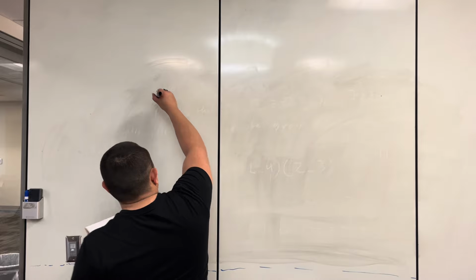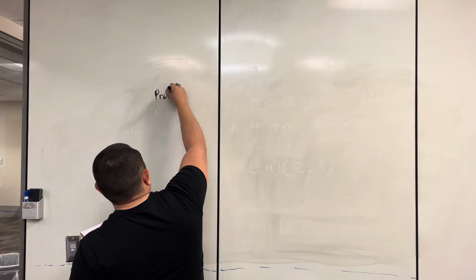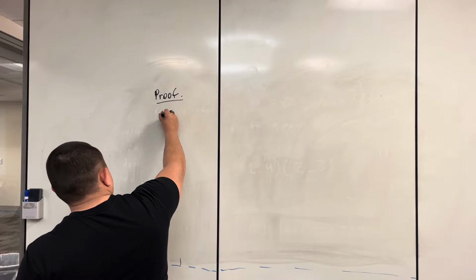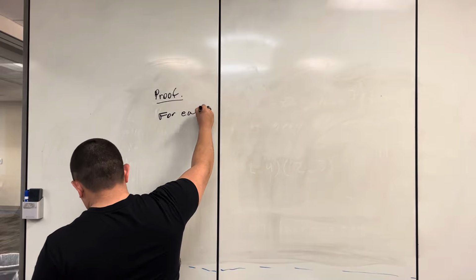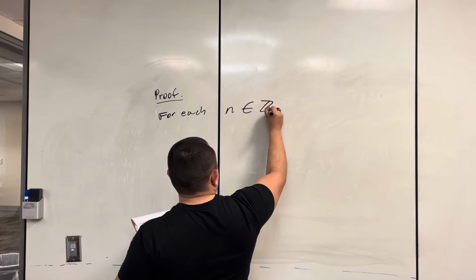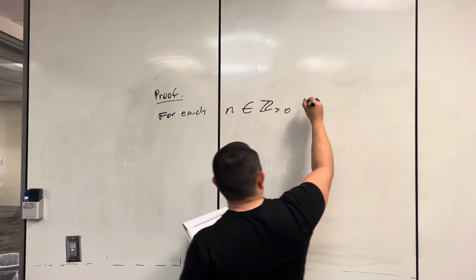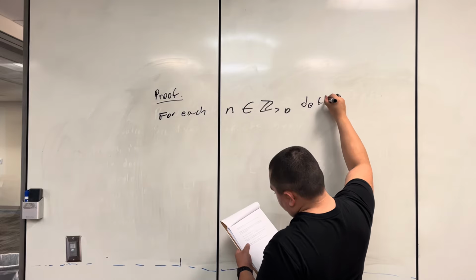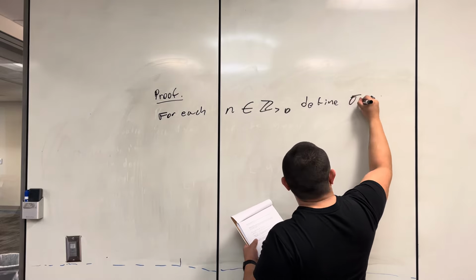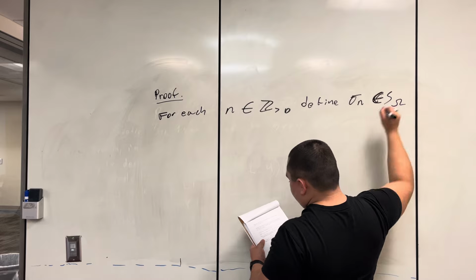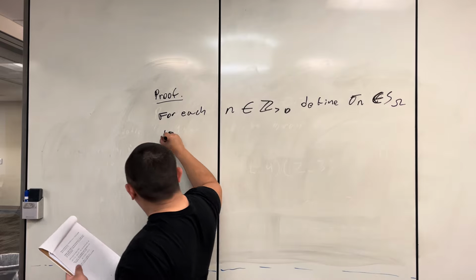So for the proof, for each n within the positive integers, define sigma sub n to be within S sub omega.